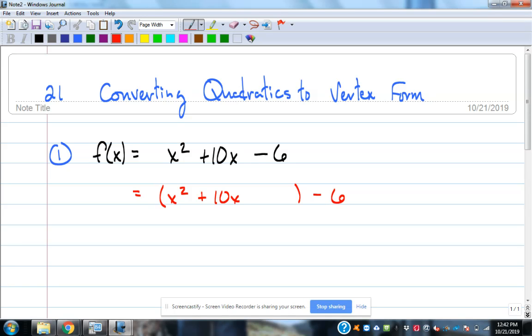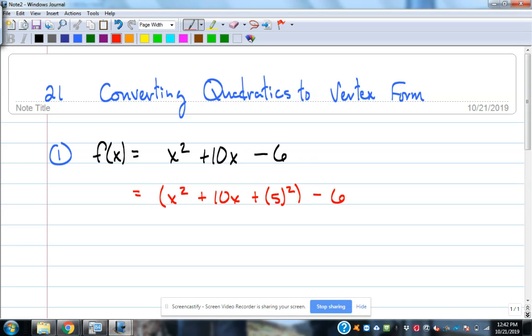So when we did complete the square, what was the next thing that we did? Half of the b value, which is half of 10 in this case. So that'd be positive 5. So we're going to add 5 squared on the inside of the parentheses.